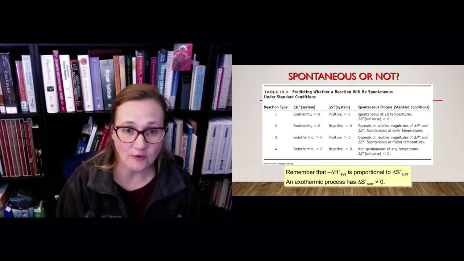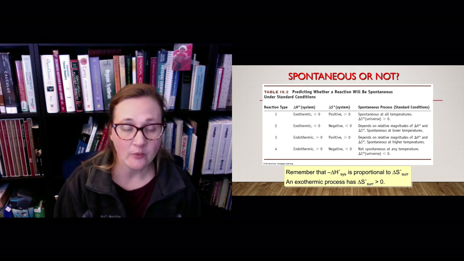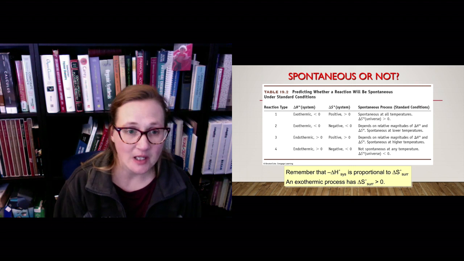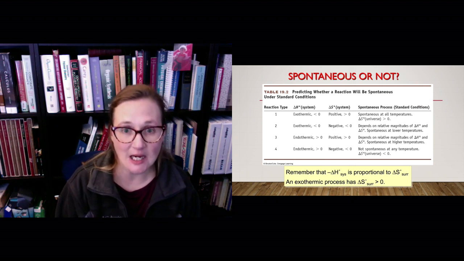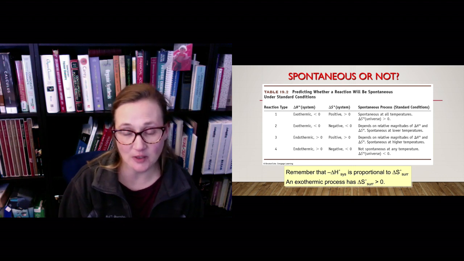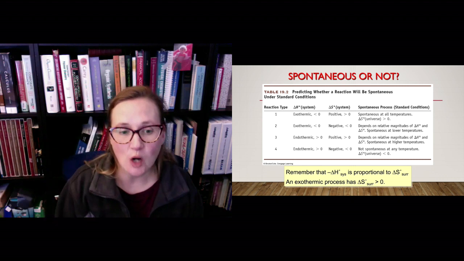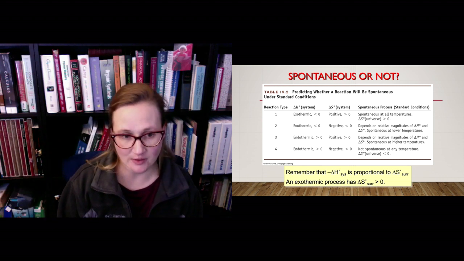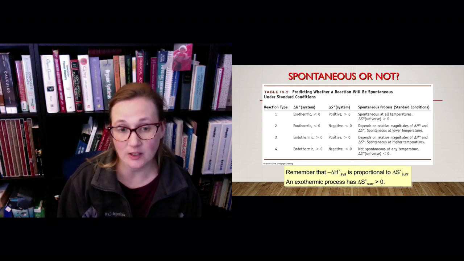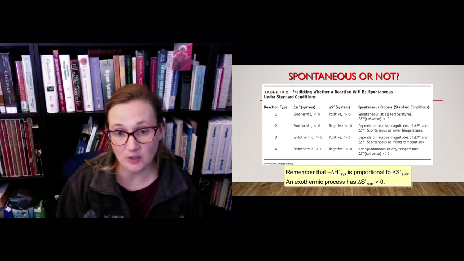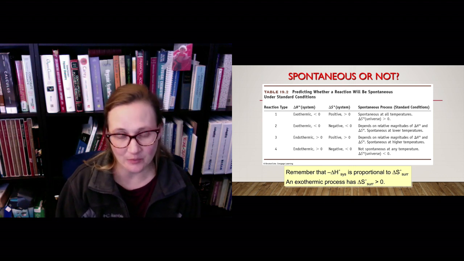If we have 2 favorable situations, what we can say is that the process is spontaneous at all temperatures because the entropy of the universe is always positive. If we have 2 unfavorable parameters, meaning a positive enthalpy and a negative entropy, this process will be not spontaneous at any temperature.